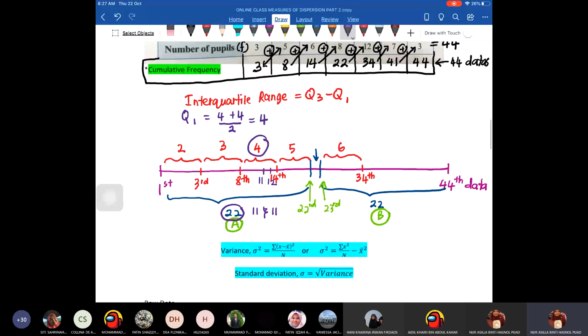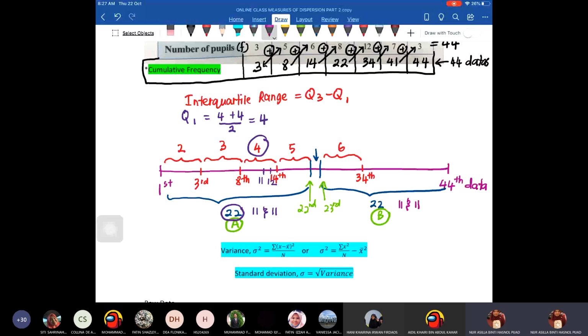Okay. And then we go to group B. It's the same, it will be 11 and 11. Okay. But remember, it starts with the 23rd data. So you count: 23, 24, 25, 26, 27, 28, 29, 30, 31, 32, 33.